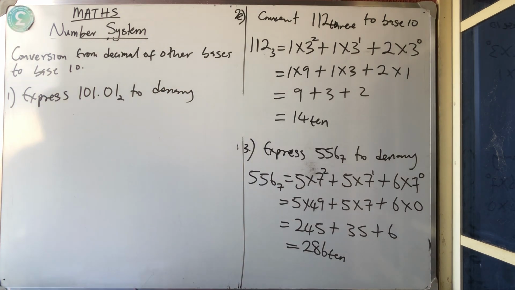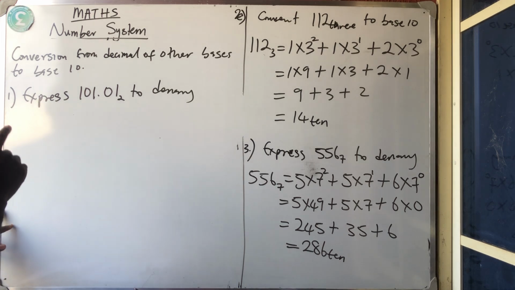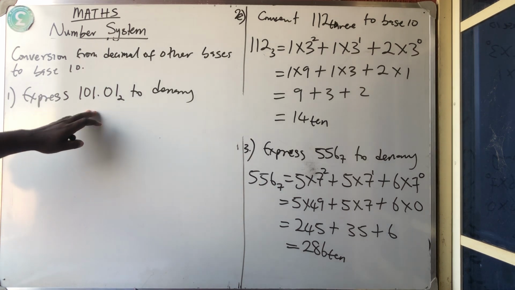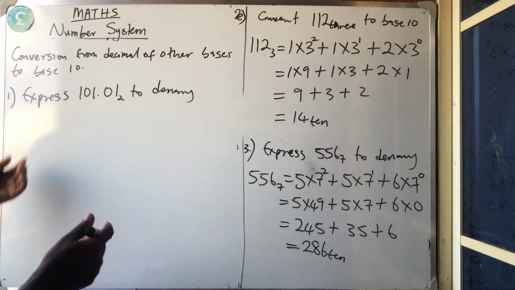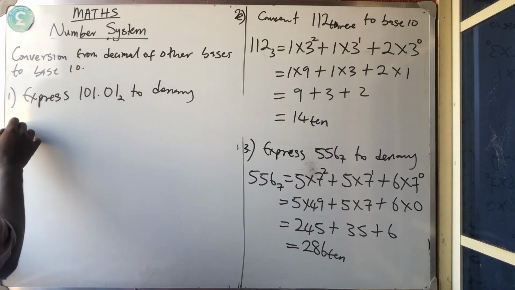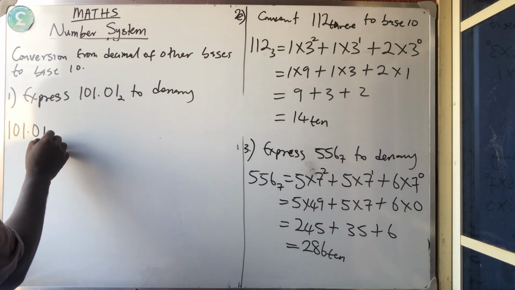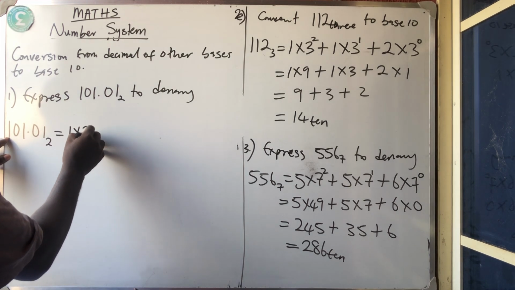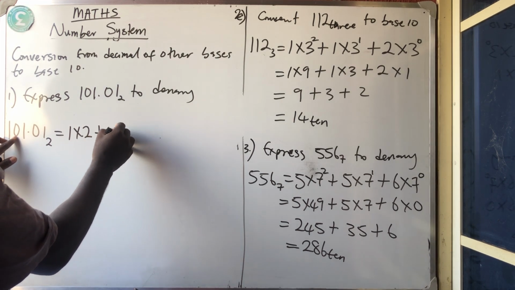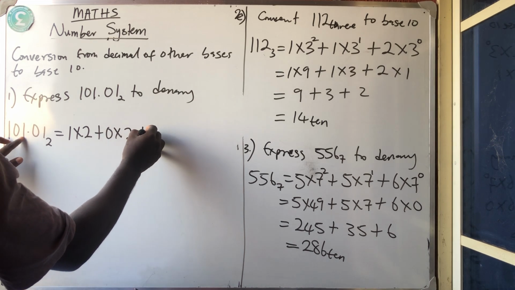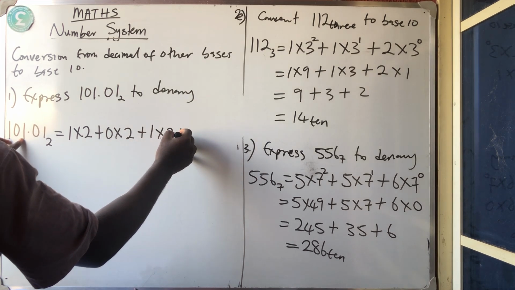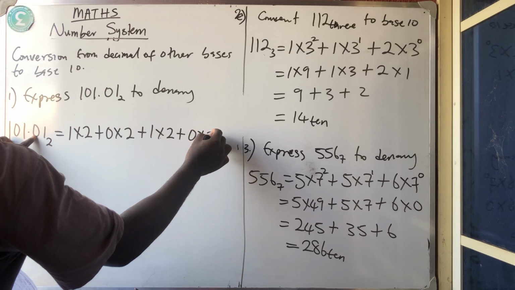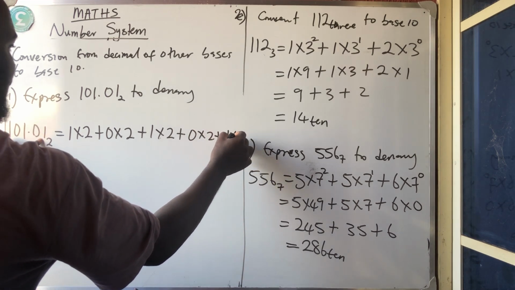Now this one is very, very simple. Remember that if you are moving from other base to the oga, base 10, you must multiply. So 101.01 base 2 is equal to, watch me, 1 times 2 plus 0 times 2 plus 1 times 2 plus 0 times 2 plus 1 times 2.